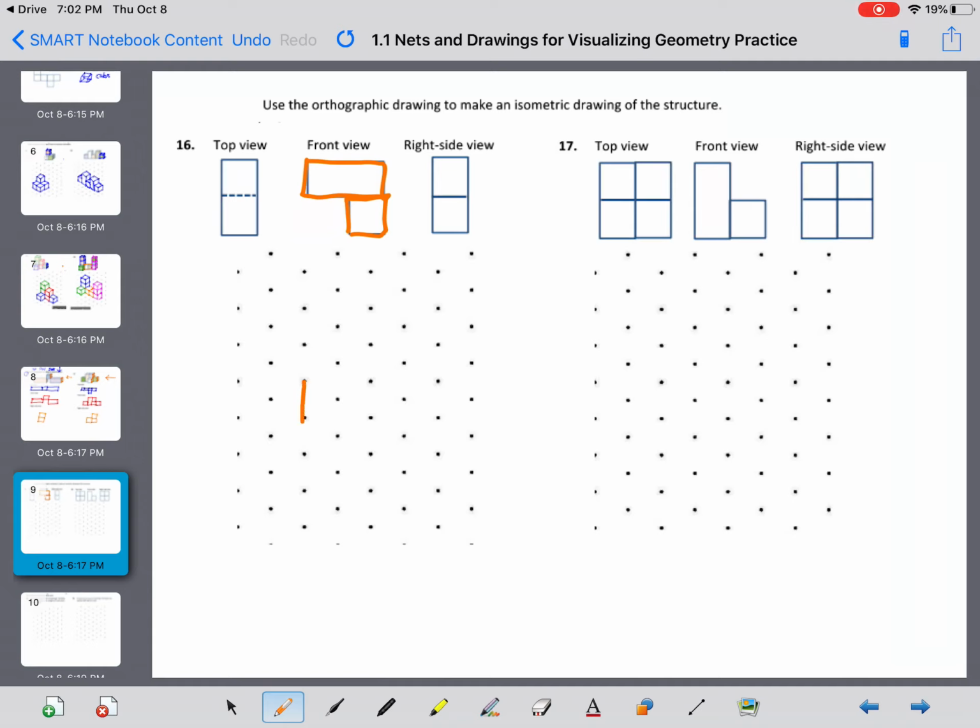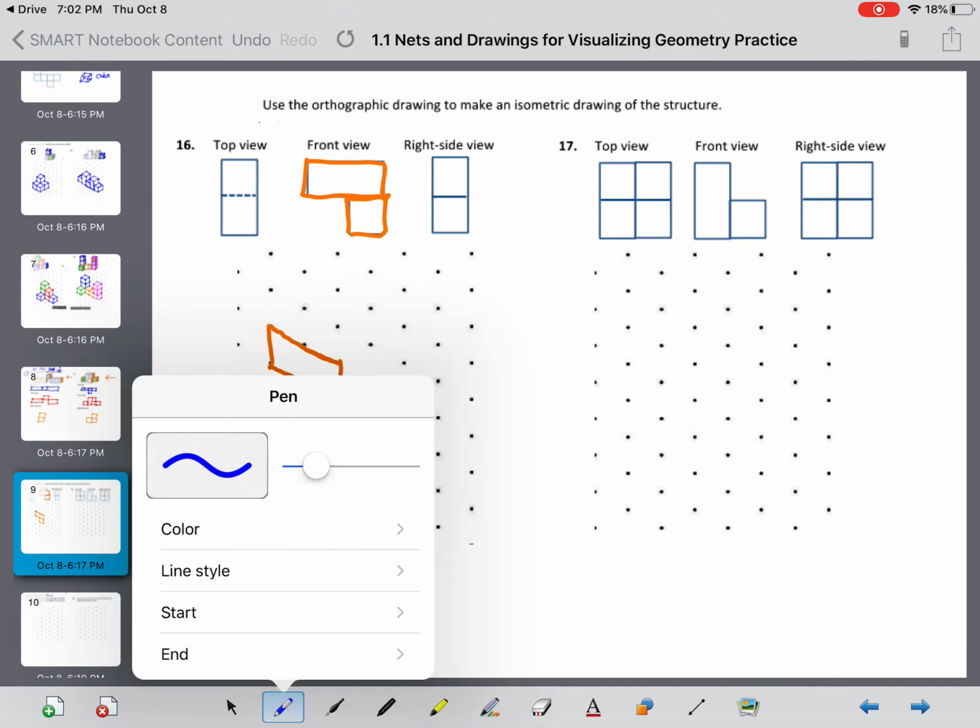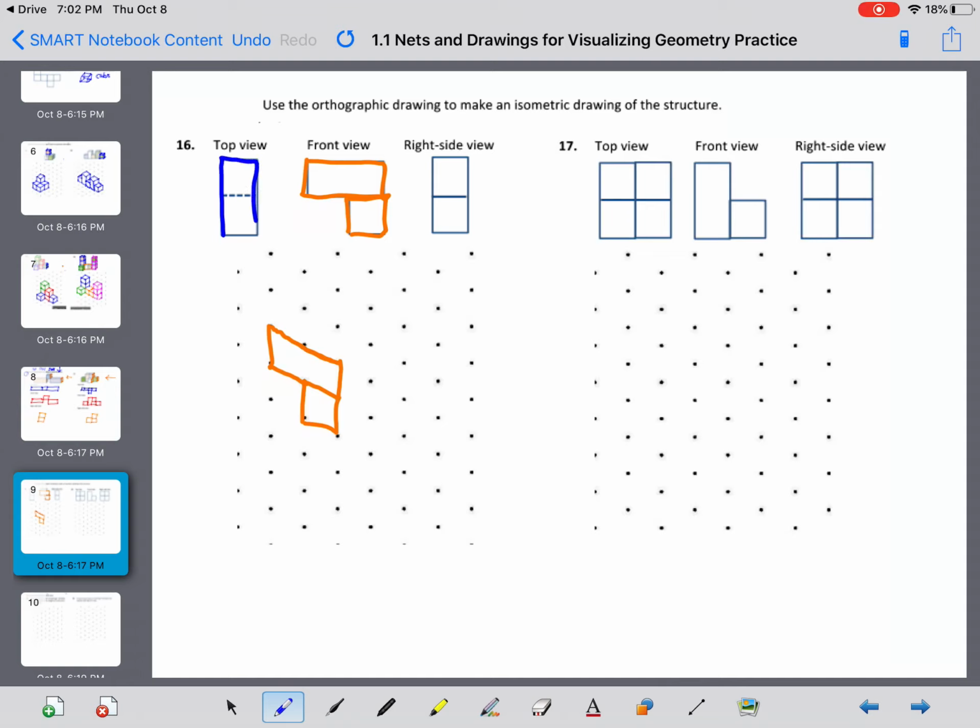So let's draw that square and the rectangle. Okay, so there's your front view. The top view has a dashed line, which means it has depth, so we can't see it, right? But it's just going to be another rectangle. So let's see. Here's our top view.